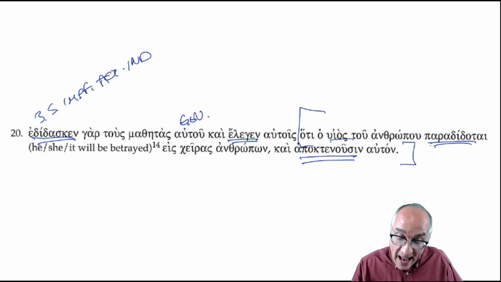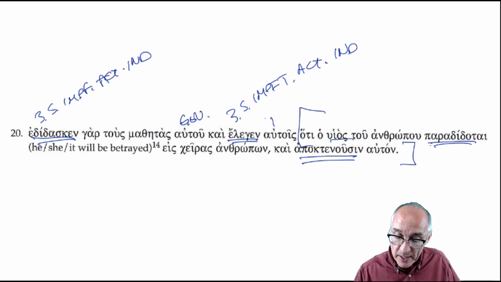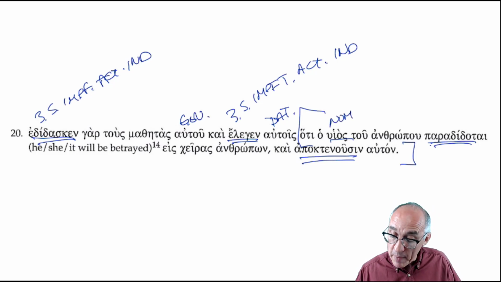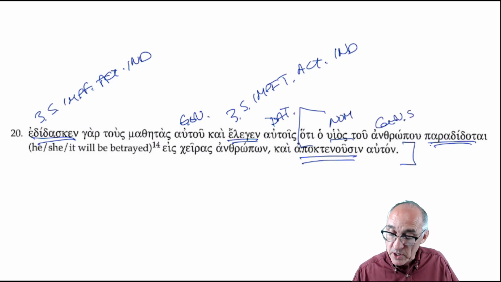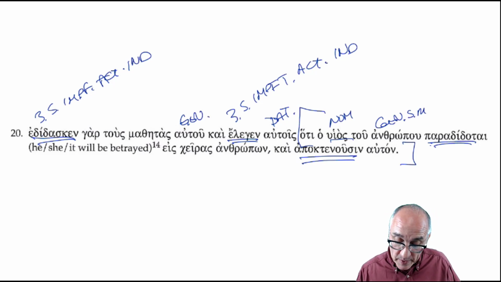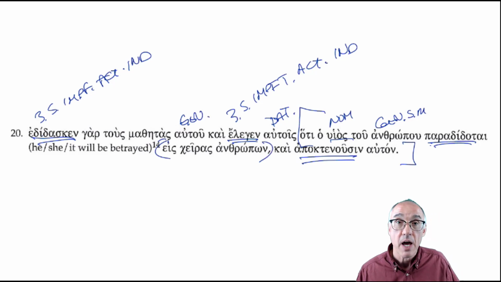And elegen, third person, singular, imperfect, active, indicative. And he was saying to them, there's your dative case. No surprise with this verb. That the son, nominative singular masculine, of man, genitive singular masculine, will be betrayed into the hands of people.